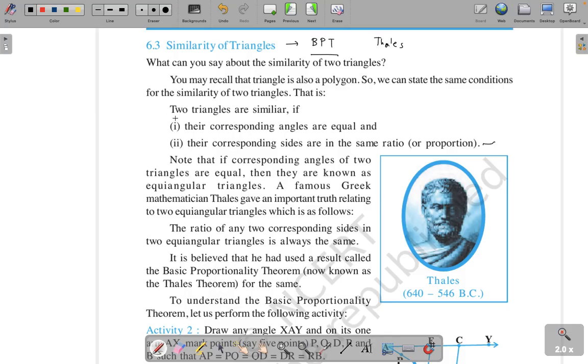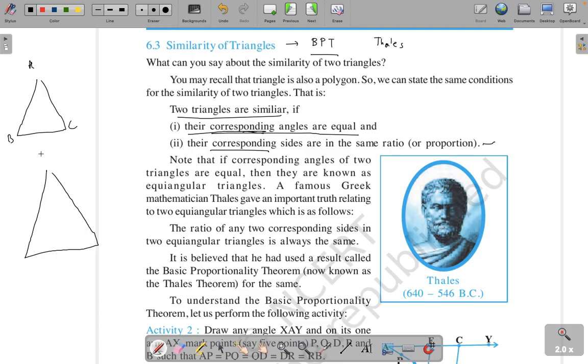Again, this is the definition of similarity. Two triangles are similar if their corresponding angles are equal and corresponding sides are in the same ratio. So this word corresponding is very important. When you say triangle ABC and PQR, you have to compare.